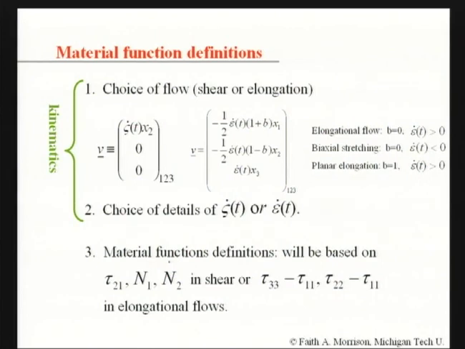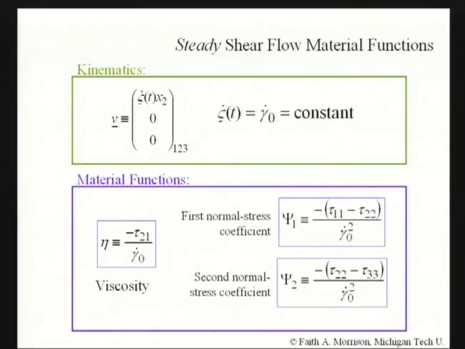All of our material functions start off with a choice of the flow, choice of the details, and then functions that are defined based on the stresses produced by this flow. We know that these flows only produce this limited number of stresses because of all the things we talked about in previous weeks about flow symmetry and symmetry of the stress tensor. All of our material functions will have a slide like this, which defines the velocity field that must be imposed.